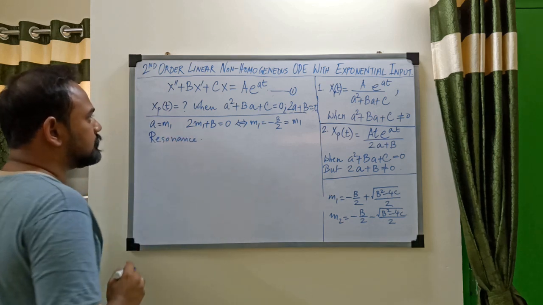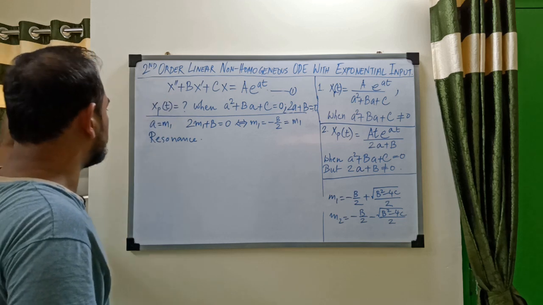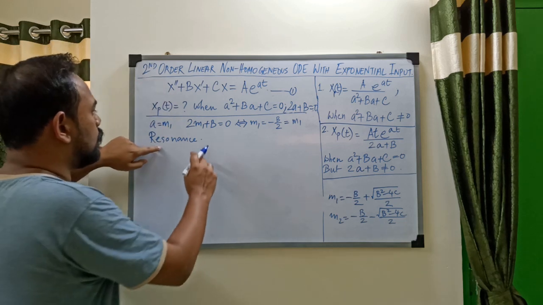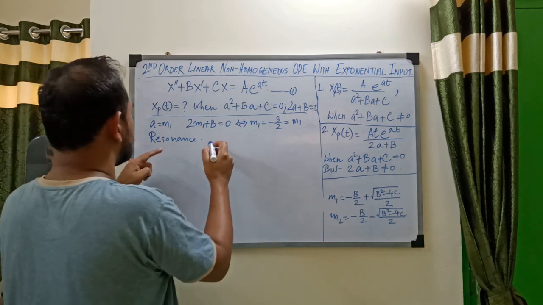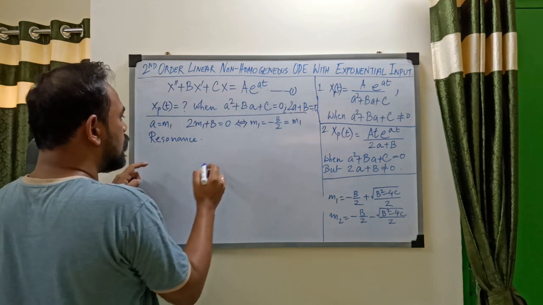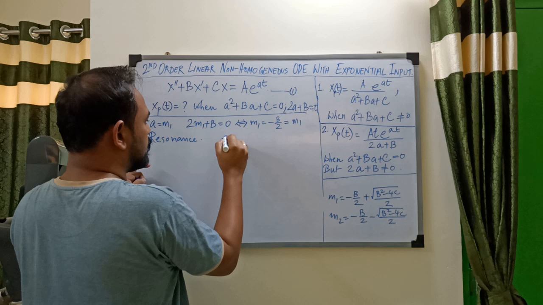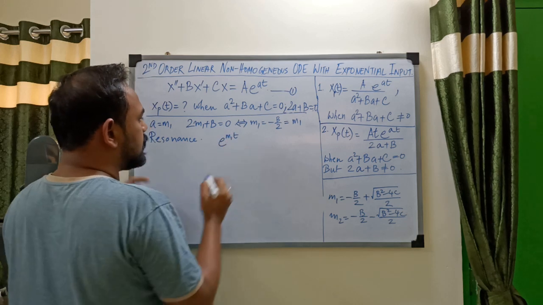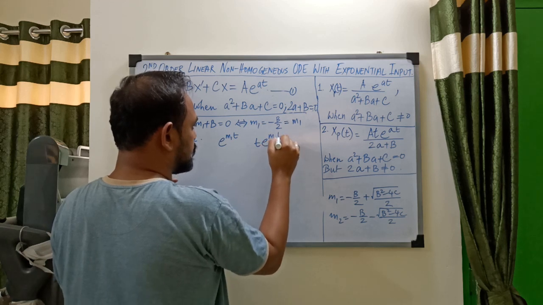And in that case, there were two different homogeneous solutions to the homogeneous form of this differential equation. One was e to the power m1t, and the other was t e to the power m1t.